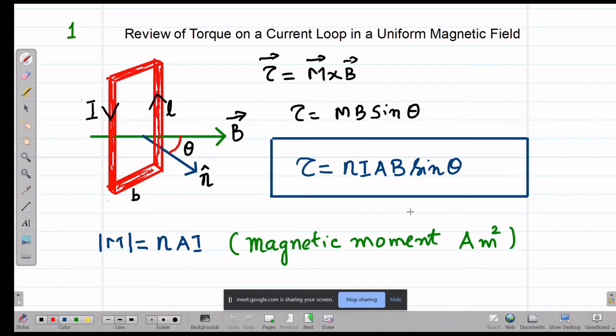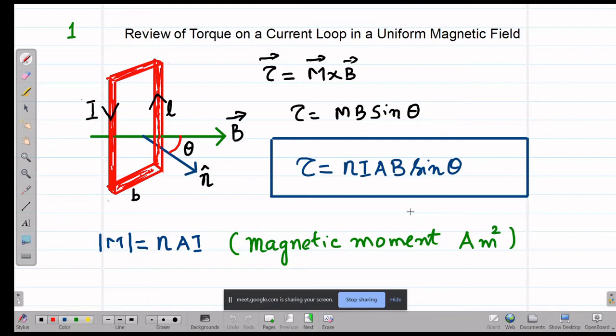And the torque is given by the formula M cross B. Now if you expand the cross product of M and B, it will be M into B into sine theta, where theta is the angle between the magnetic moment vector and the magnetic field vector.